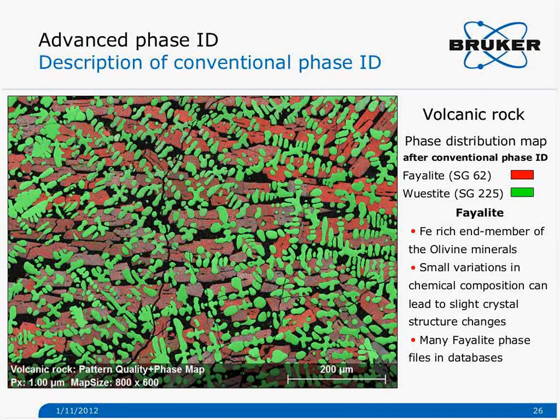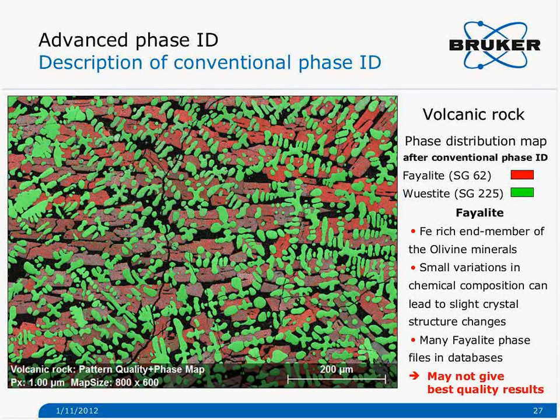Because of this, we end up with many phase file entries in the databases. And the probability of finding the best phase file fitting the patterns produced by this phase is very low in this particular case. The higher the number of entries, of course, the lower the probability. So in this case, I chose a phase file which was very close, but not the best one from the database, when I used the manual phase ID.